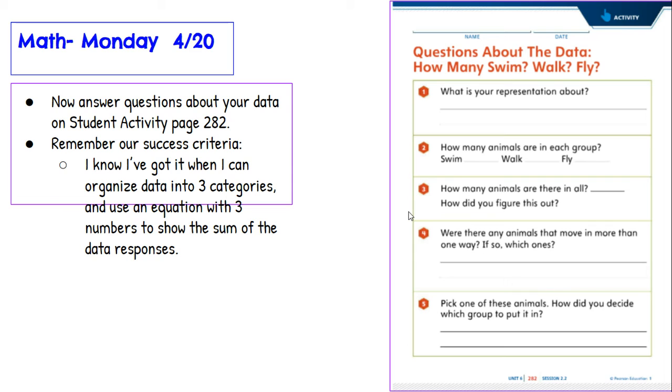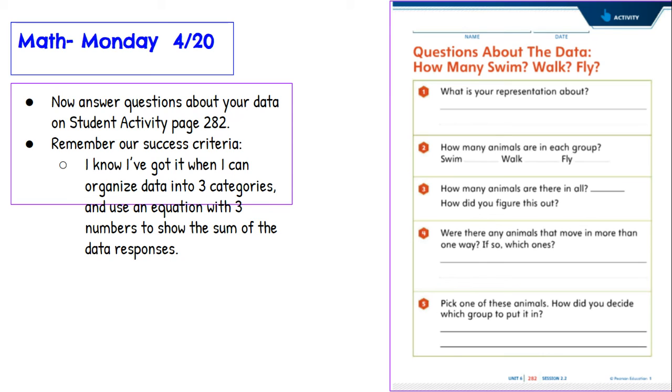Number 4, were there any animals that move in more than one way? If so, which ones? Were there any animals that could have gone in multiple categories? And number 5, pick one of these animals. How did you decide which group to put it in?